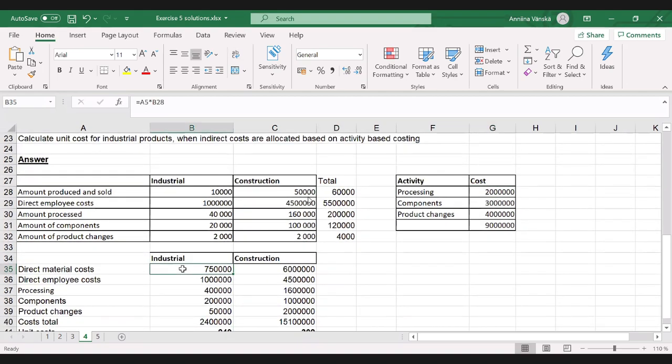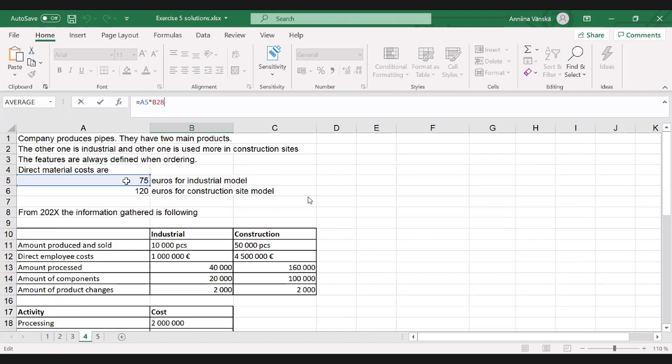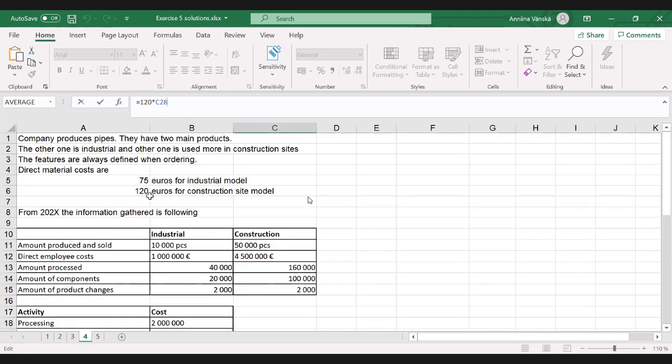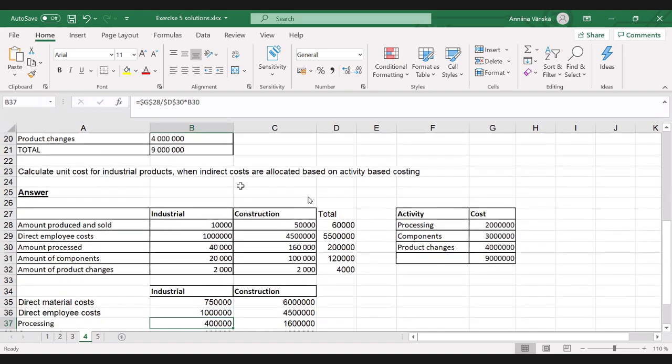In order to calculate the direct material cost for each of the types, we calculate the produced and sold amount times the 75 euros. Same thing for the construction, where it was the 120 given here. Direct employee costs were given already directly.